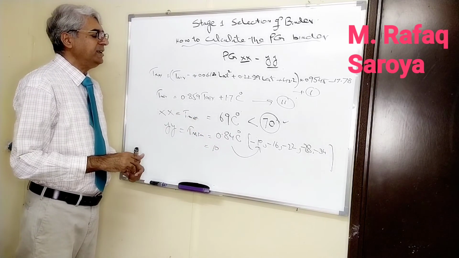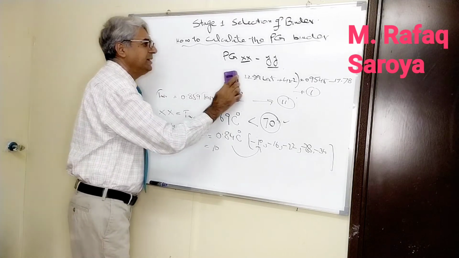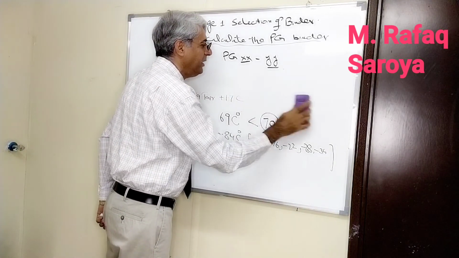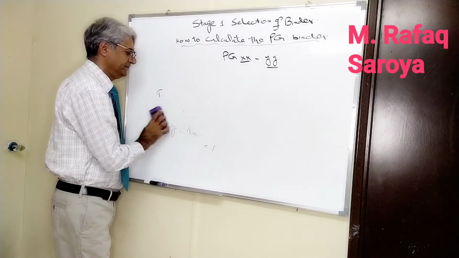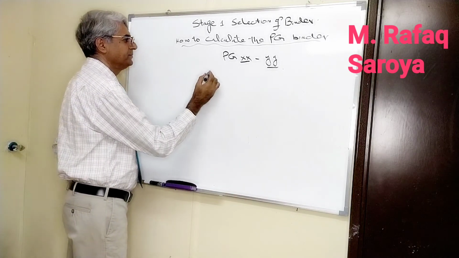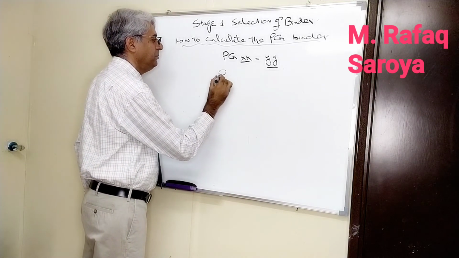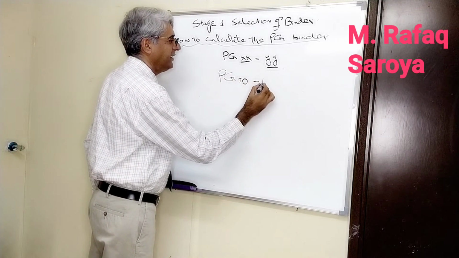So what will be the binder grade coming from this calculation? It is PG 70 negative of 10.